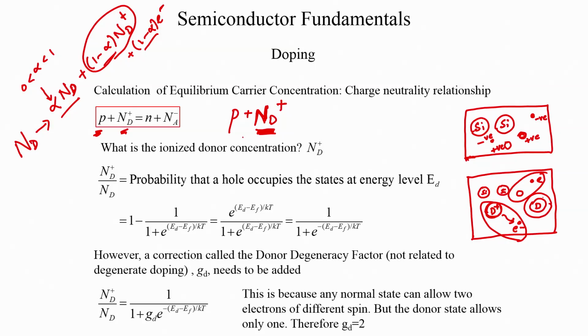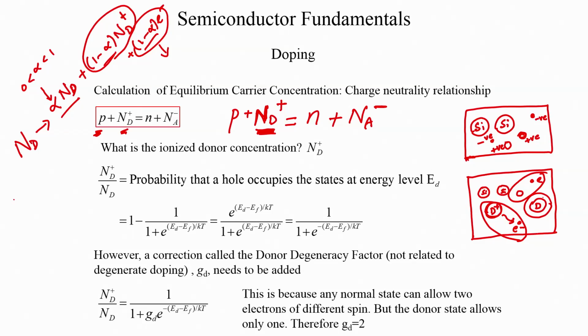Okay. So, p plus Nd plus is equal to n, which takes into account all these electrons plus any other existing free electrons in the semiconductor, which have negative charge, plus the ionized acceptors.